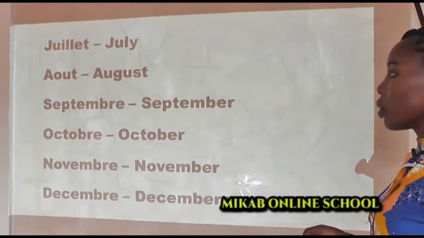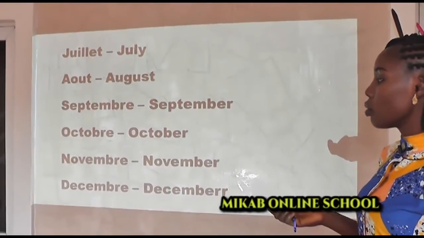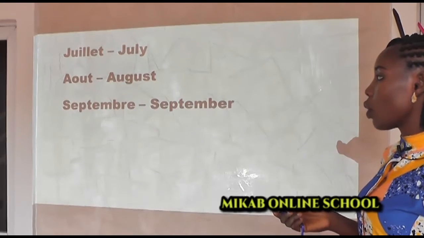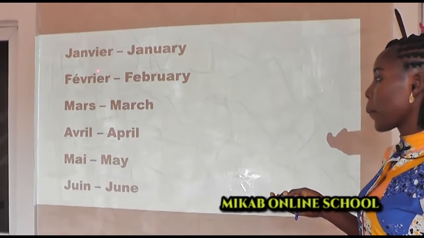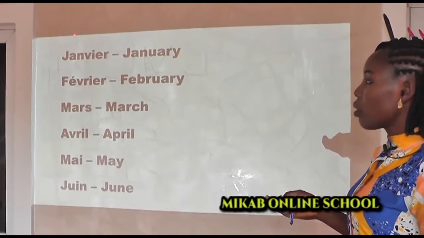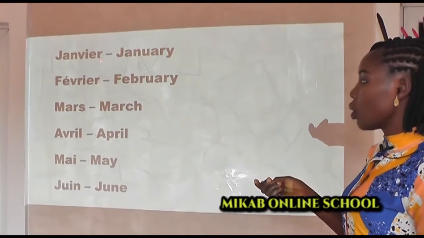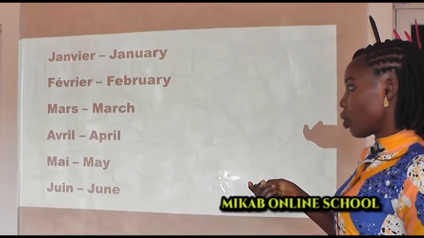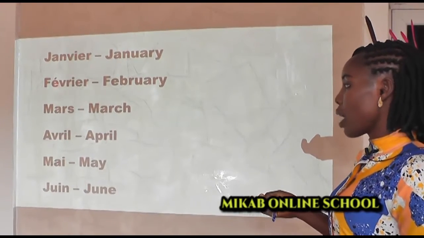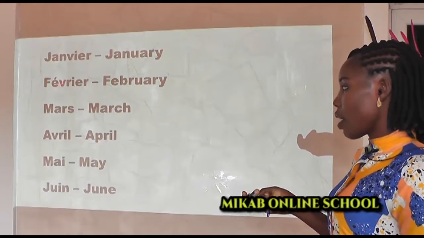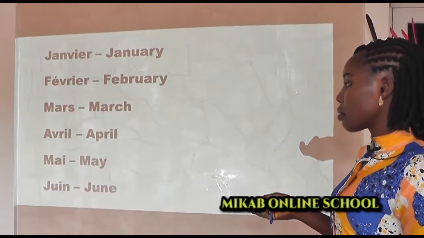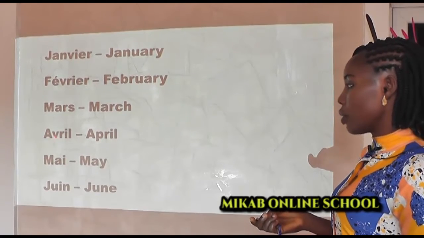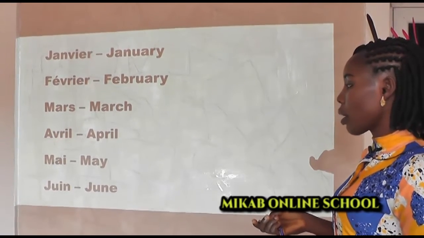Now let's start from the beginning. From January to December now. We have Janvier. Février. Répétez après moi. Janvier. Février. Mars. Avril.